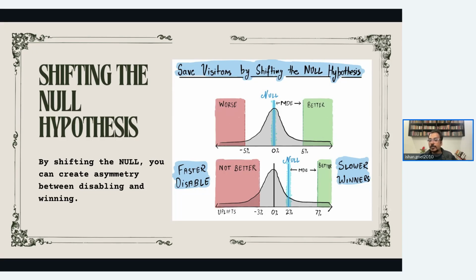So you are able to detect winners when they are greater than 7%, but you are able to detect losers when they are less than -3%. So you have given an asymmetric bump to not better, and traded off slowly detecting what is actually better.